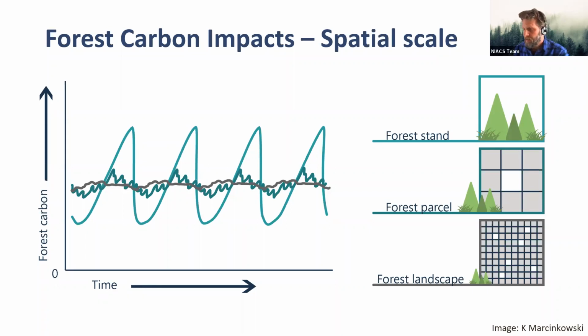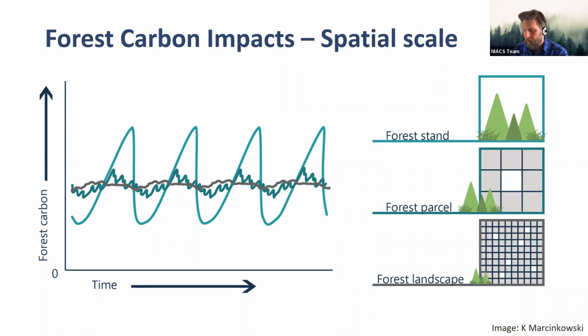So the first thing that is important to consider as we're thinking about carbon, adaptation, and management is putting into perspective the spatial scale of what we're doing as it relates to your project. And what does that mean for the carbon in your project? I want to emphasize that it's really important to be thinking not just about the carbon where you're going in and managing, but holistically about the carbon in your entire project area.